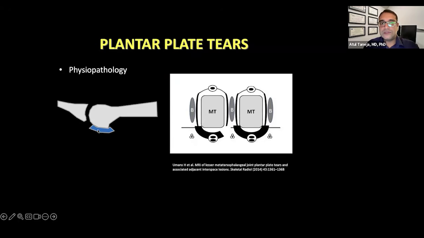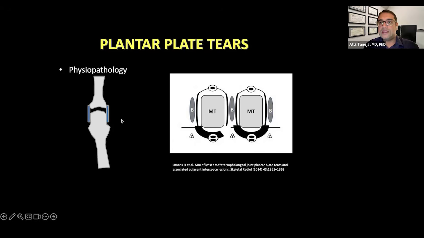All right, so let's say we have a distal tear involving the lateral aspect. And in this case, I also will show you a tear of the capsuloligamentous complex and in its lateral aspect, let's say also involving the interosseous tendon. What's going to happen next?